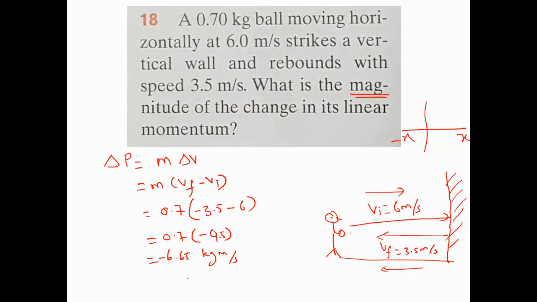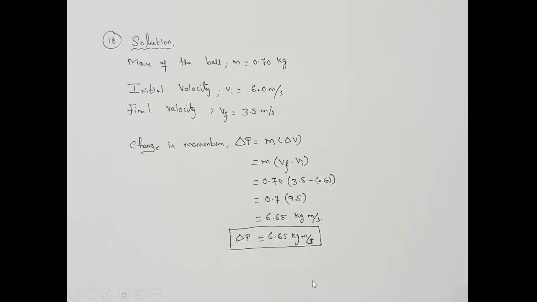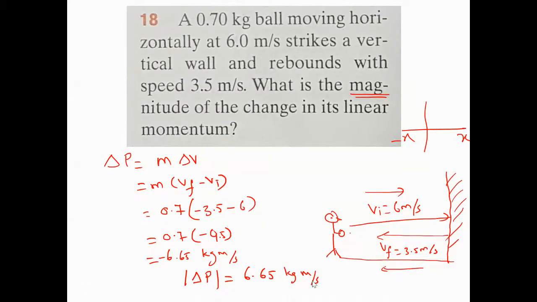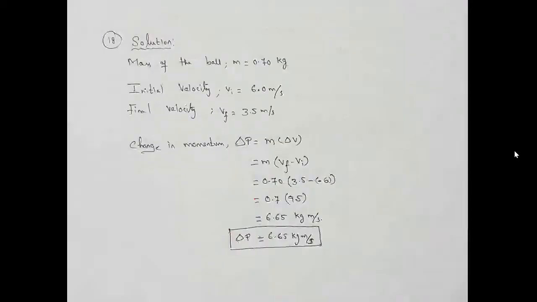So my magnitude of change in momentum is 6.65 kilogram meter per second. Right? Right. Okay. Listen carefully. If you want to consider the diagram in the reverse way, suppose you have the wall here, the man is here.